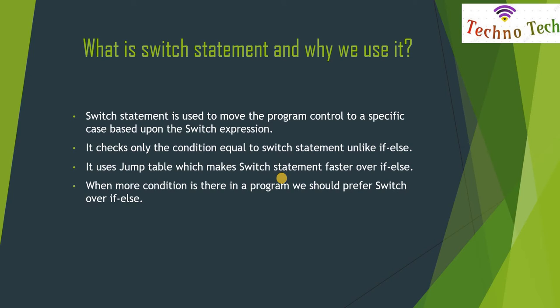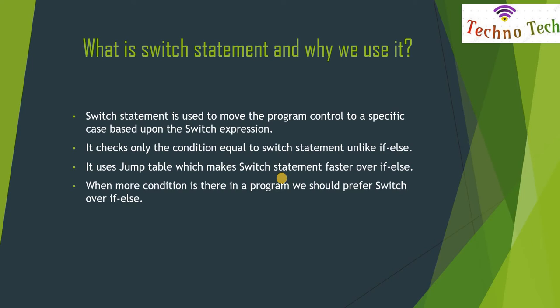So in the third point, you can see it uses a jump table, which makes the switch statement faster than if else. The compiler creates a jump table which jumps to a specific case rather than checking each condition. So that's the reason why the switch statement is preferable compared to if else if there are more conditions.